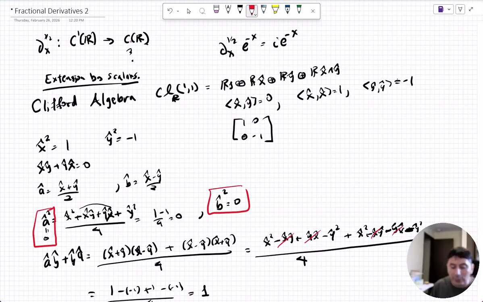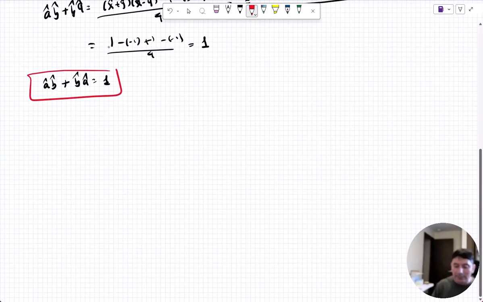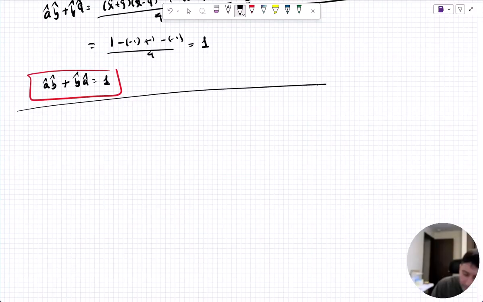So we're going to have to extend the domain and the range into another space in order to make the fractional derivative well defined. That's the idea behind extension by scalars. We're going to define the fractional derivative, in this case the square root of the derivative operator, to be extension by scalars to the Clifford algebra.